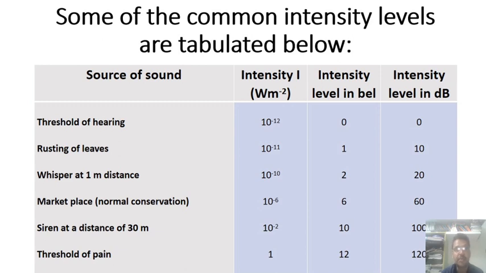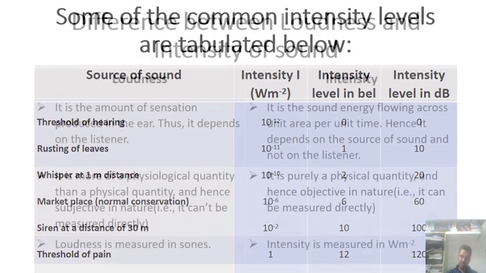Rustling of leaves is very small. Whisper at a distance of 1 meter. Marketplace, see how much it is. Siren at a distance of 300 meters. Threshold of pain. Like that, we explain the different orders of intensities we observe, varying with changes in sound systems.